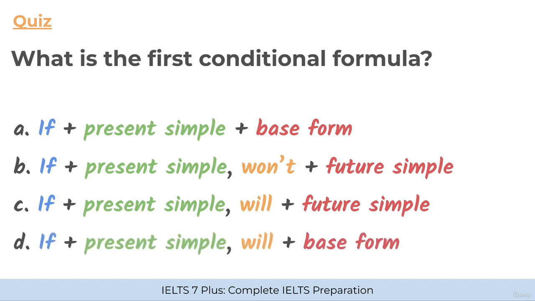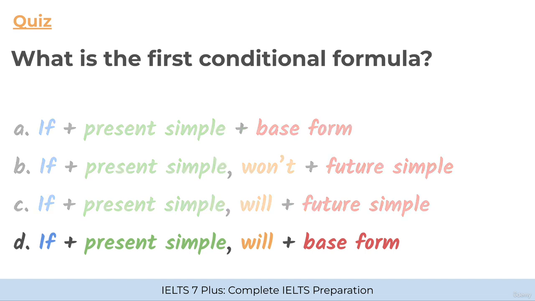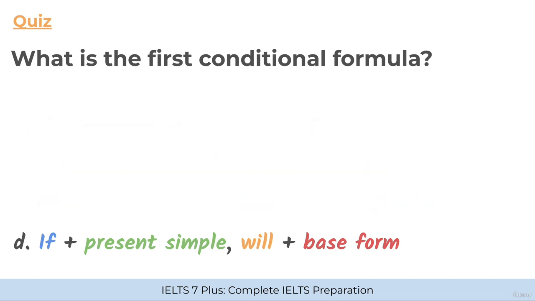If plus present simple, will plus base form of the verb? Okay, have a think about this one. As I say, it's not as straightforward as zero conditional, so this might cause a few issues here, but have a think. This is the formula. Well done if you got that correct. If plus present simple, will plus base form of the verb.